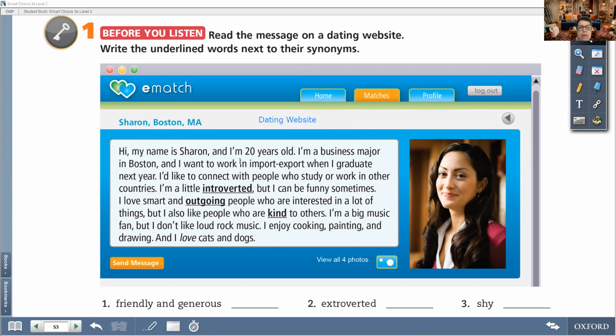Hi, my name is Sharon, and I'm 20 years old. I'm a business major in Boston, and I want to work in import export when I graduate next year. I'd like to connect with people who study or work in other countries. I'm a little introverted, but I can be funny sometimes.